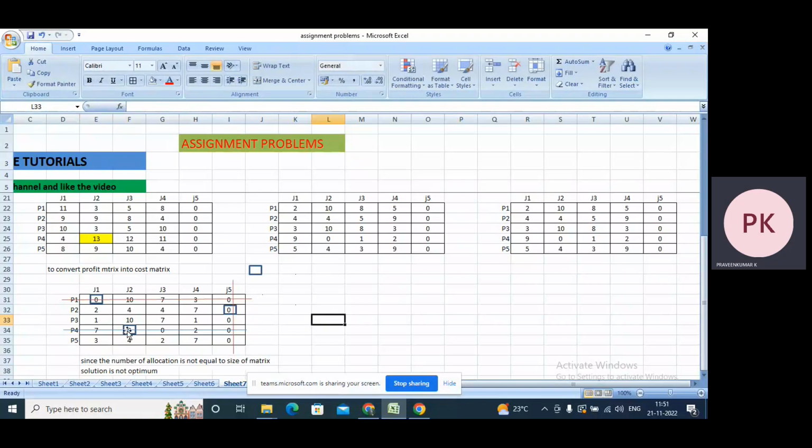See here, 1, 2, 3. Number of allocations are 3, and look at the size of the matrix. Size of the matrix is 5. Therefore, the solution is not optimum.